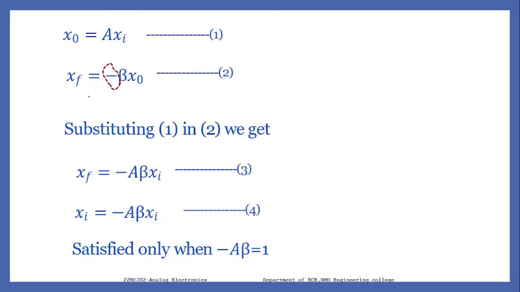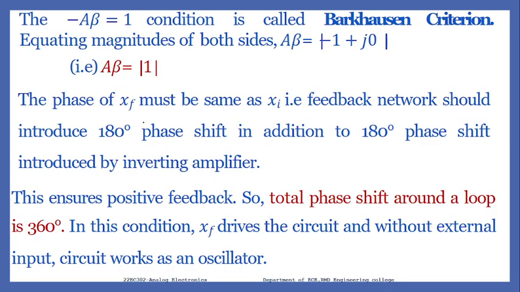So X naught is A times the input. We know that beta is equal to Xf by X naught. If I substitute this, it can be satisfied only with minus A beta equal to 1. If we take the magnitude on both sides, modulus A beta would be equal to 1.